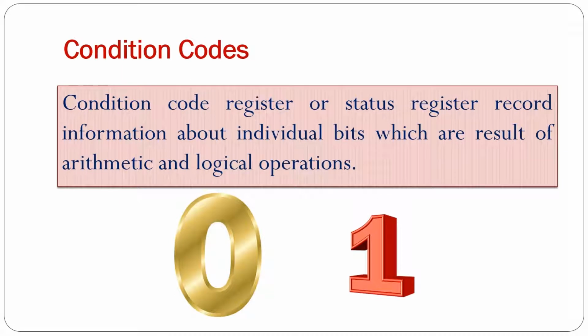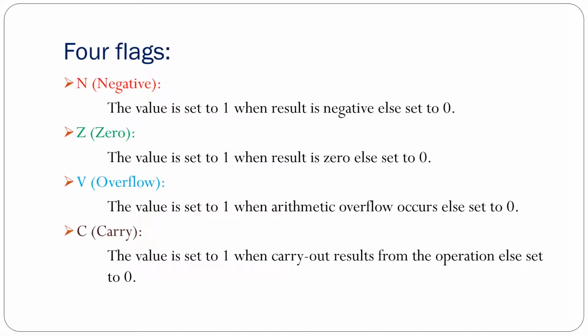Condition codes. The condition code register or status register records information about individual bits which are results of arithmetic and logical operations. The value of this register is either 0 or 1. There are 4 flags which are described as follows. 1. N or negative. The value is set to 1 when the result is negative, else set to 0. 2.